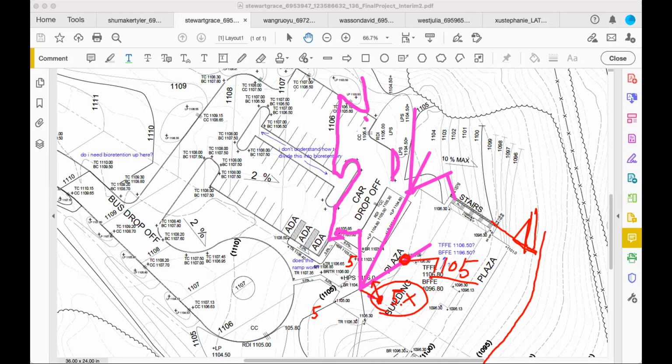I'm not sure how I got that far with that FFE without it being changed, because the one in blue is what Stuart recommended, but I think that's why I got confused, since it was only the 5 on the plaza. Let me pull up Stuart's drawing from yesterday.